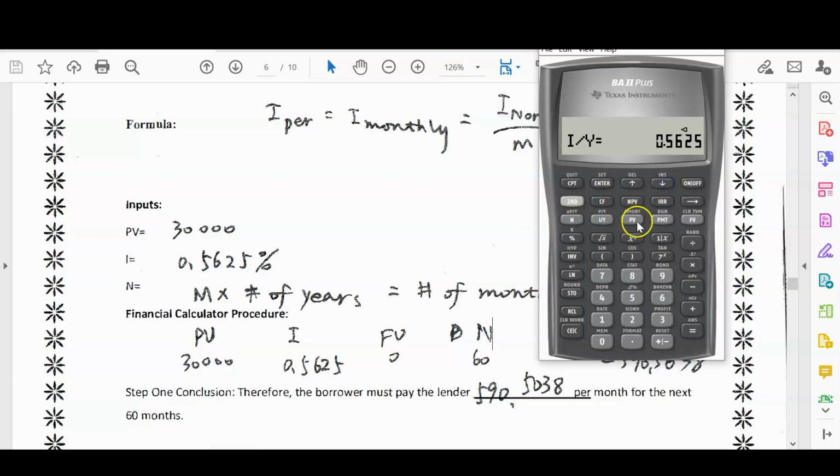And then we're going to input the present value. It should be 30,000 as present value, and then we input 0 as future value, and then compute for payments. That's how we get the cash outflow we're going to be paying every month, 590.5038.